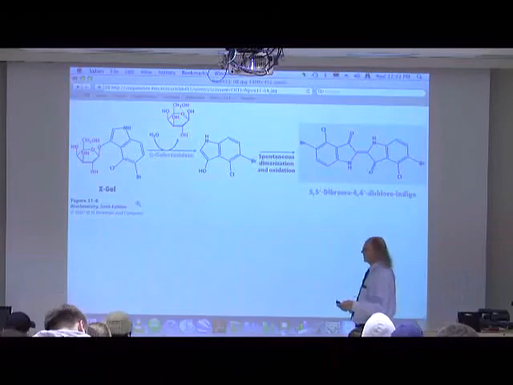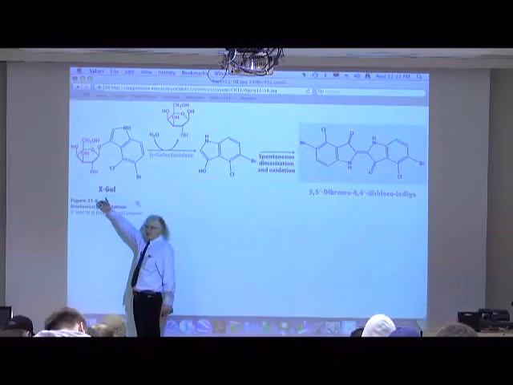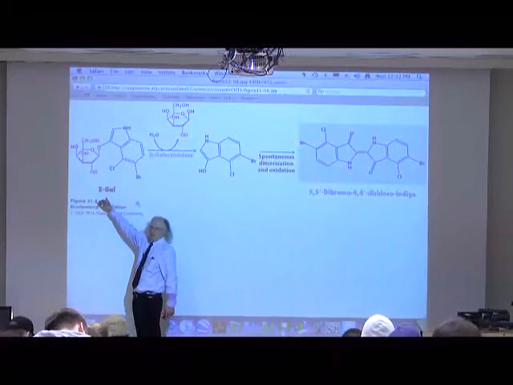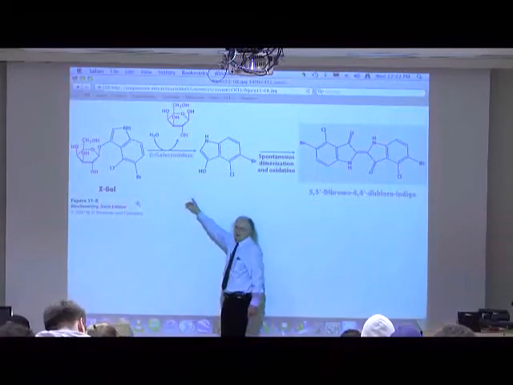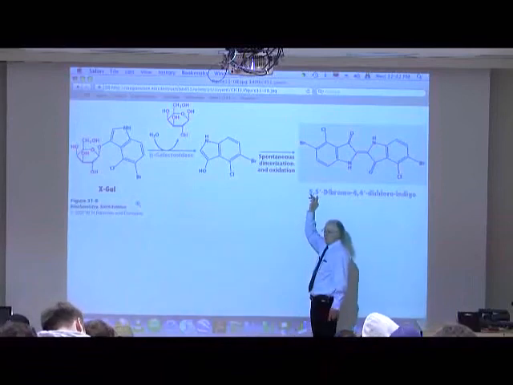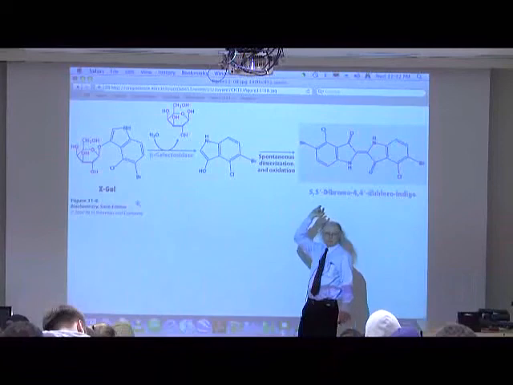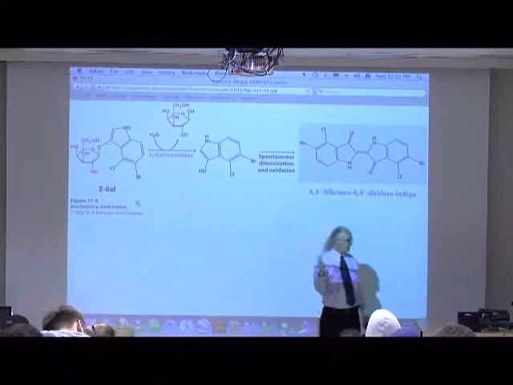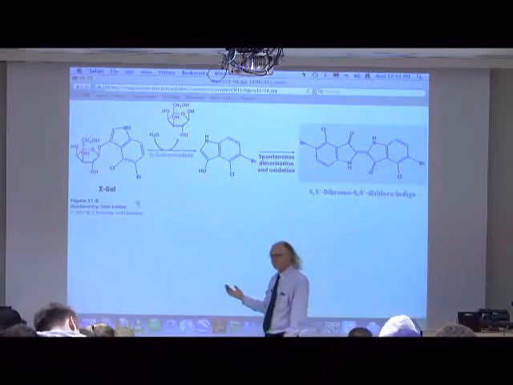The spontaneous part you don't need to worry about. All you have to worry about is the fact that if I take this artificial chemical X-gal and add it to beta-galactosidase, I will get blue color, and the more beta-galactosidase I have, the more blue color I will get. So it's very similar to the situation with the chymotrypsin from last term.